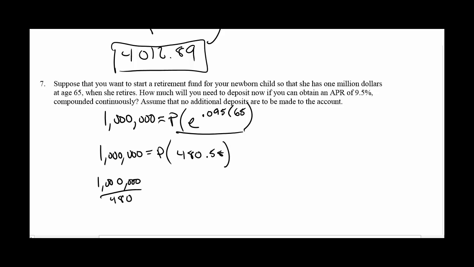So 1 million divided by 480.58. And that's going to tell me what the initial principal needs to be. Okay, so 2080.81.